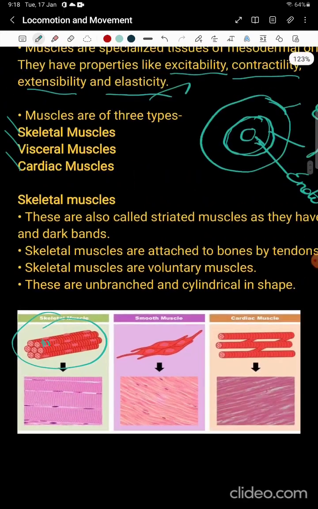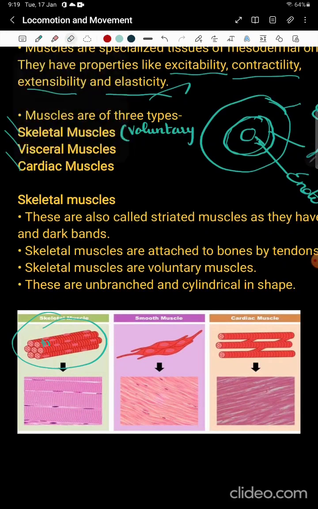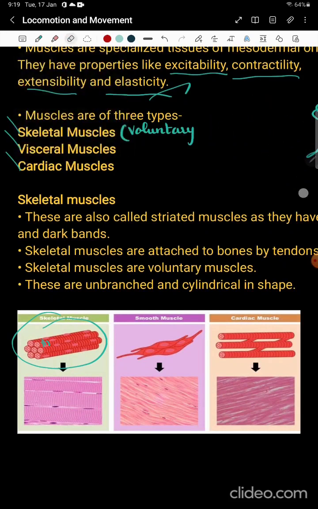So there are two important alternative names for the skeletal muscles: voluntary muscles and striated muscles. Understood?